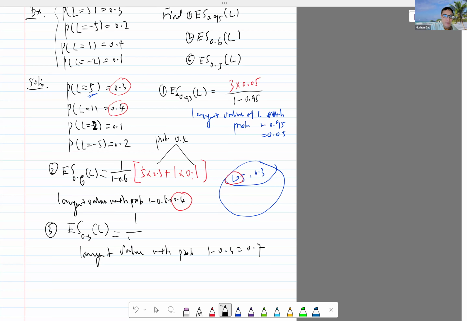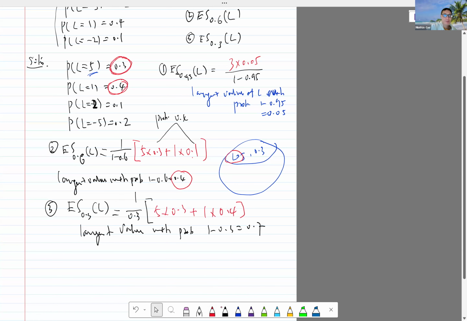So 1 minus 0.3, 0.7. If I start with the largest value, probability 0.3, the next value has probability 0.4. So you consider exactly two values. It's 5 times 0.3 plus 1 times 0.4. Now you have exactly 0.7 probability, right?